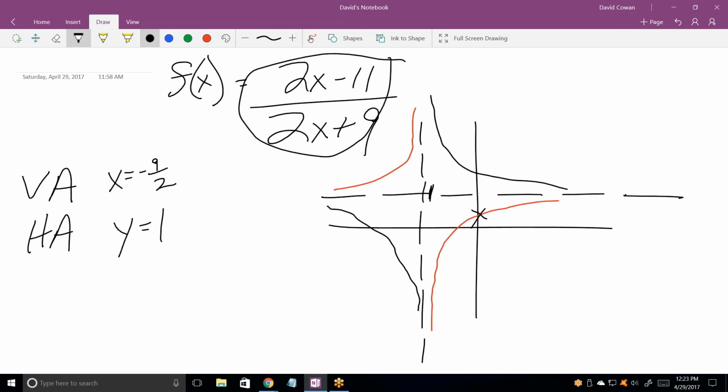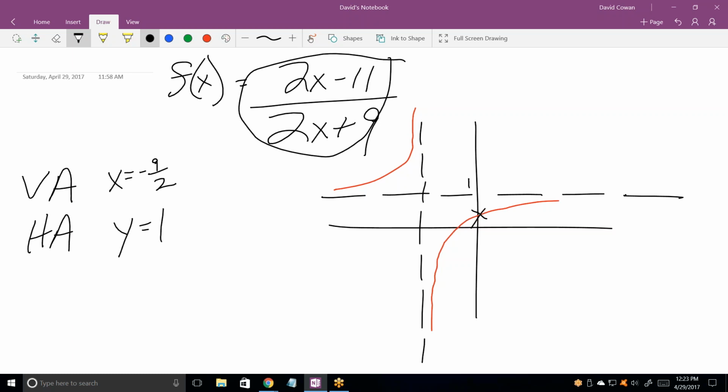If it's greater than 1, it's our black curves. Okay, that makes sense. And I don't know of an easier way of determining that. That's pretty easy. Plug in a convenient value for x and figure out which side of those asymptotes you're on. Okay. And since that is at 1, I know I'm south of that, so I've got to be on my red curve. Okay.